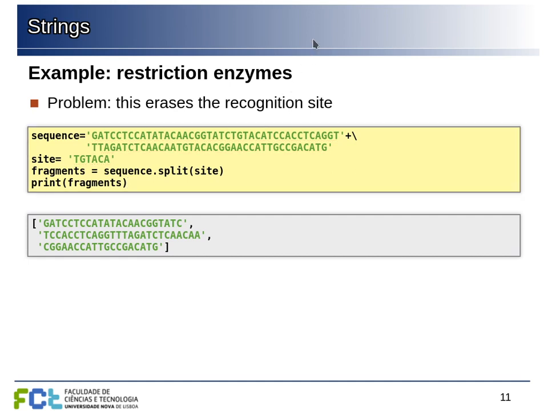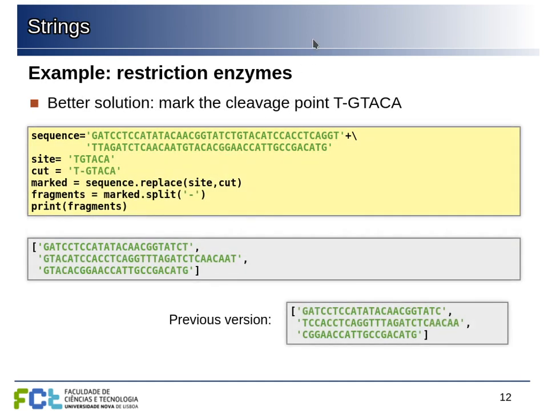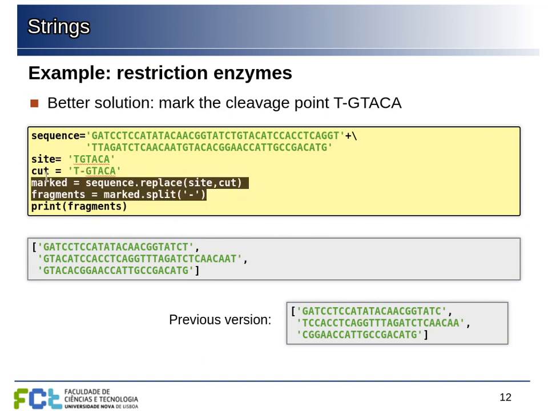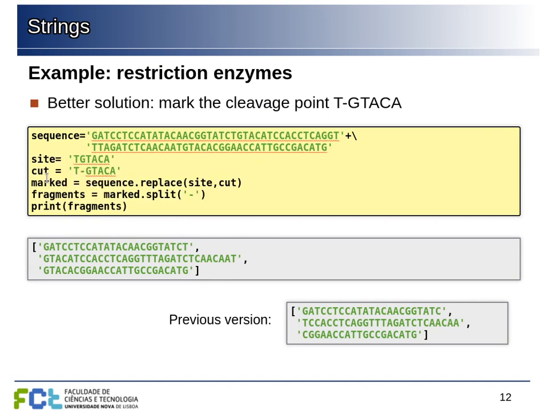So we can solve this easily by doing 2 steps in processing. We create a new sequence that replaces all the occurrences of the site with the same nucleotide sequence, but with a dash indicating where the enzyme will cut.